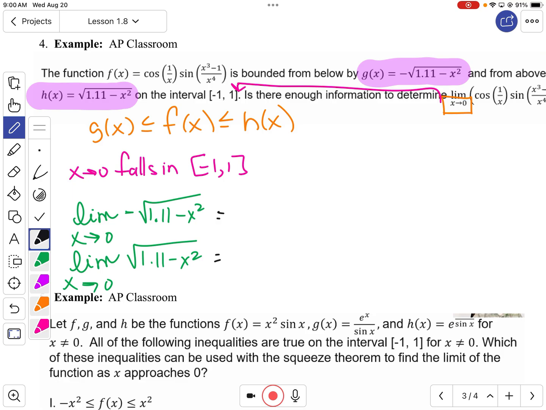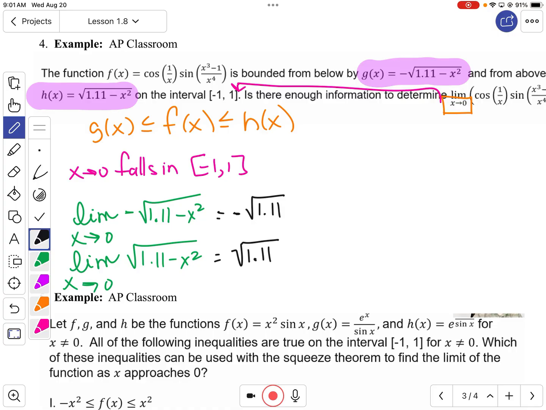If I plug in 0 to the top, what am I going to get? It's going to be a weird answer. It's okay. We're not going to get a new decimal. If I plug 0 in and I square it, I get negative square root of 1.11. Then what would the bottom limit be? Square root of 1.11.